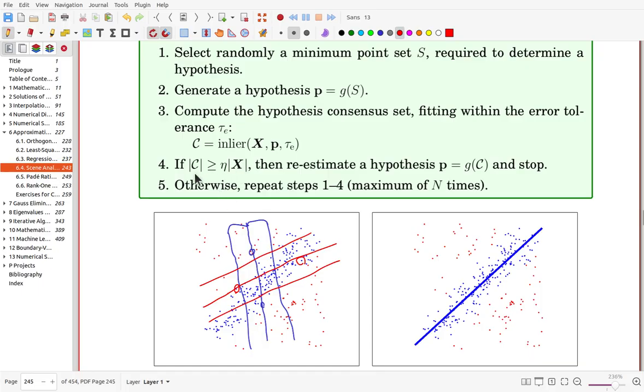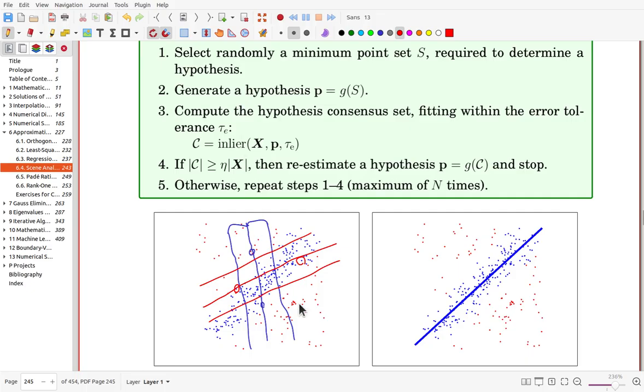We count the number of points, and once it is larger than a certain level, then out of this set we get the hypothesis once more and stop. If not, we go again. The iteration goes on.